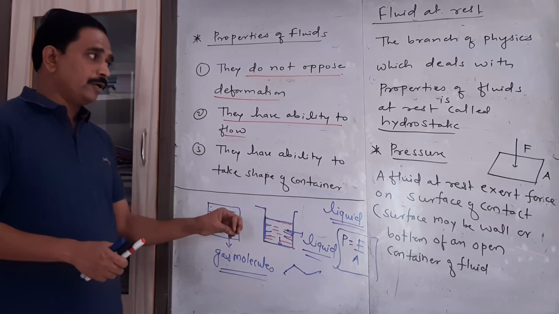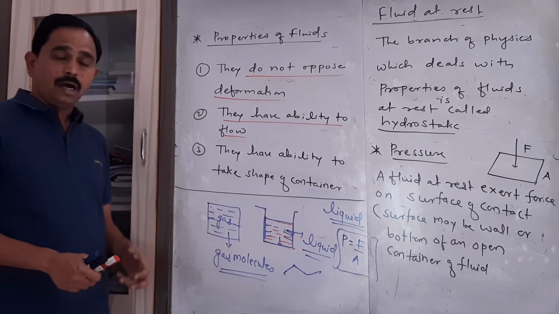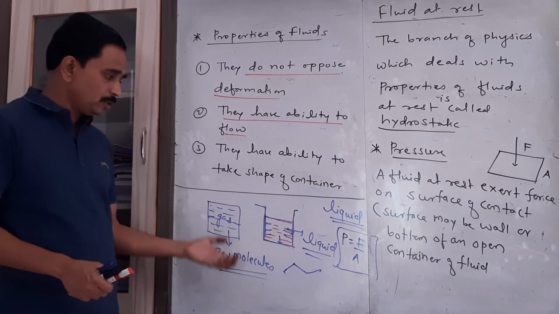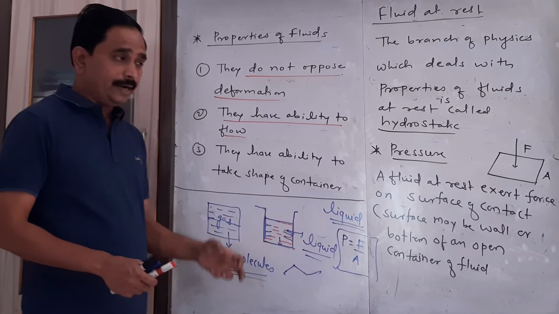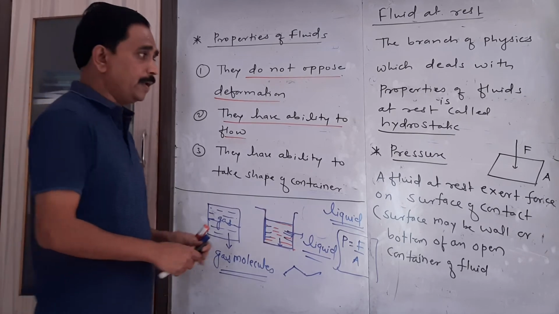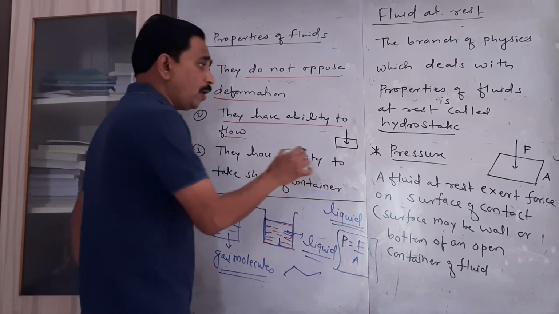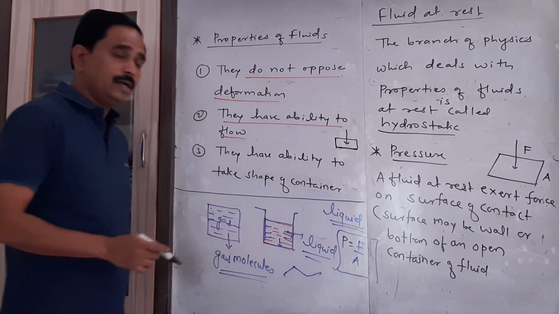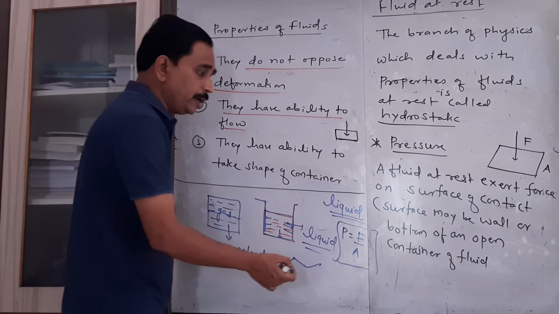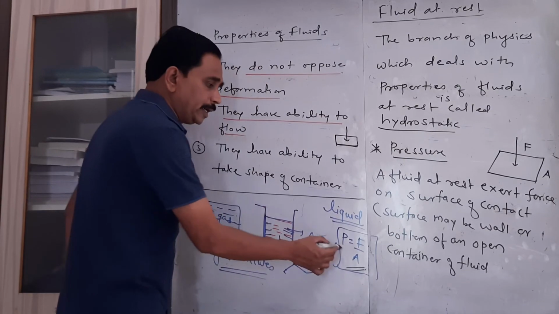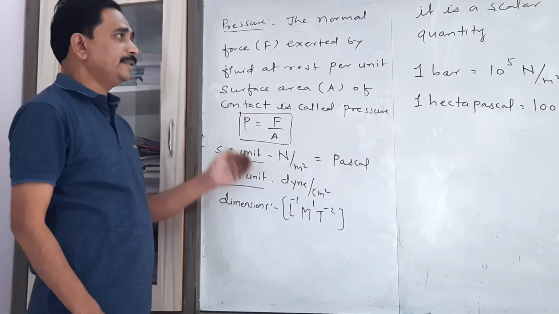Now we have to introduce a very important topic from this chapter, that is pressure, and how the pressure is exerted by the fluids on the walls of the container. First of all, you have to keep in mind what we mean by pressure. Simply, when we apply force perpendicularly on a particular area, this force acting normally per unit area is called pressure.